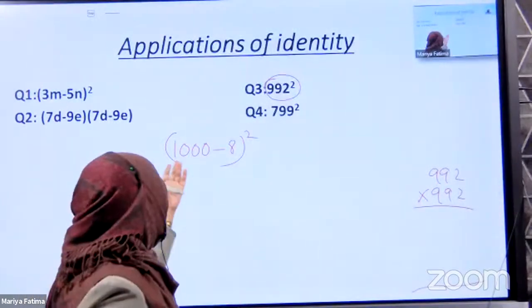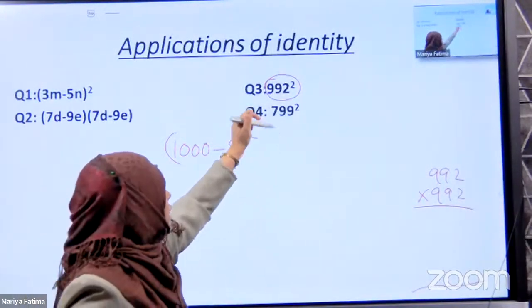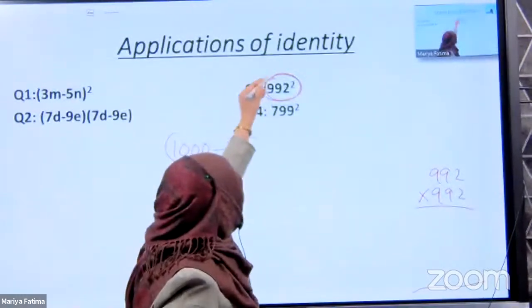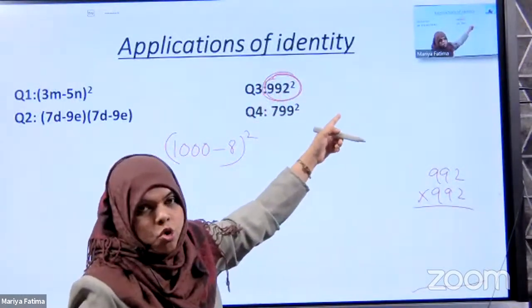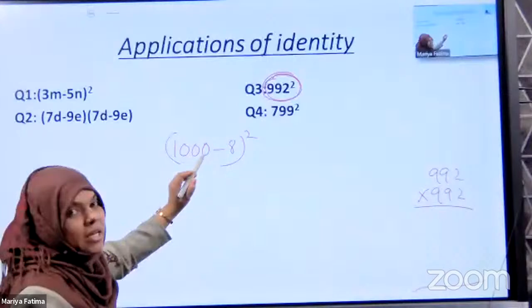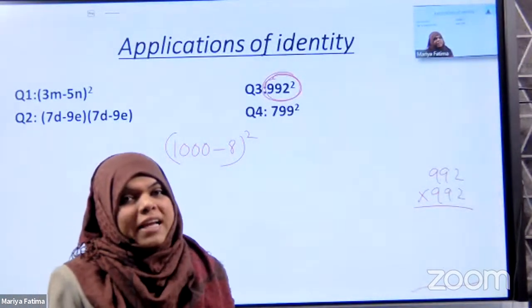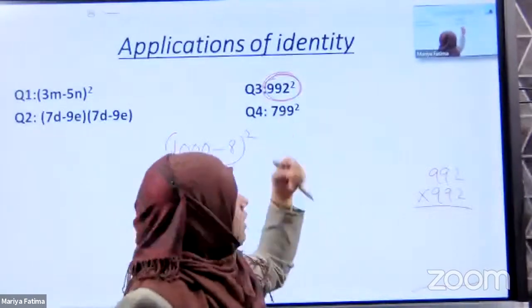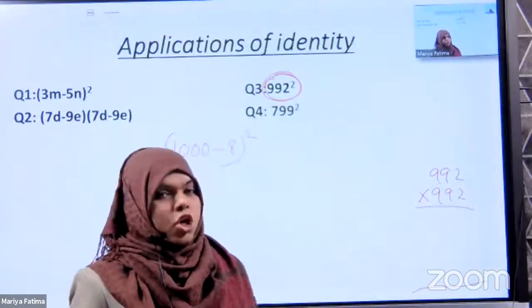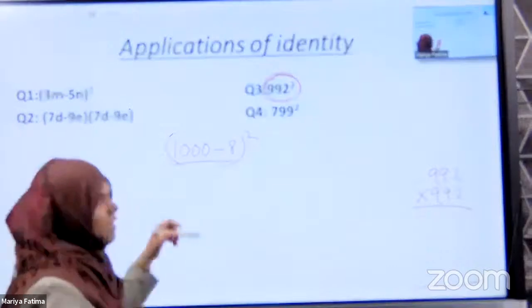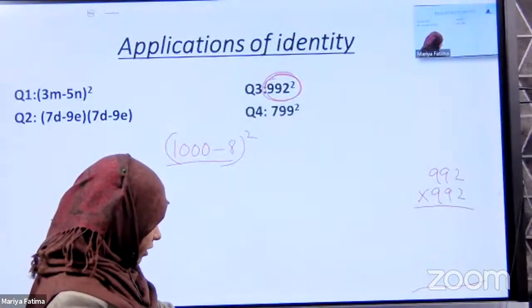Isn't it? So 1000 minus 8 whole square. Instead of finding the square of 992, we can find the square of 1000 minus 8. You will get the answer of 992 square only. So now it is in which form? It is in a minus b whole square form.